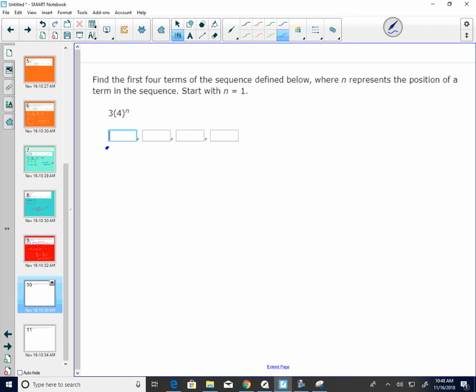The first term is going to be 3 times 4 raised to the n power, but we know we're going to put in 1. The next term is 3 times 4 to the 2nd power, the third is 3 times 4 to the 3rd power, and the last one is going to be 3 times 4 to the 4th power.